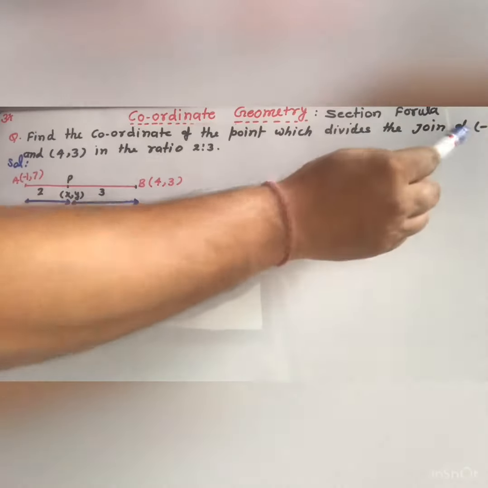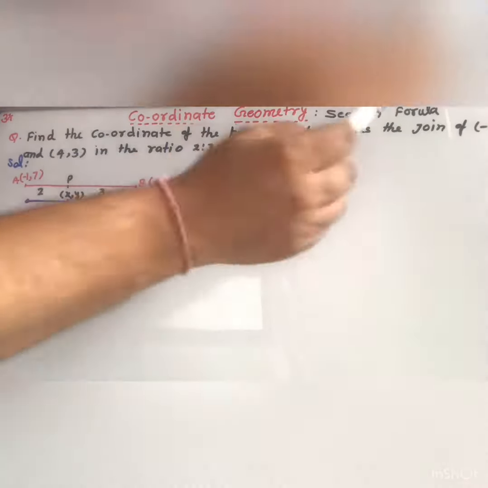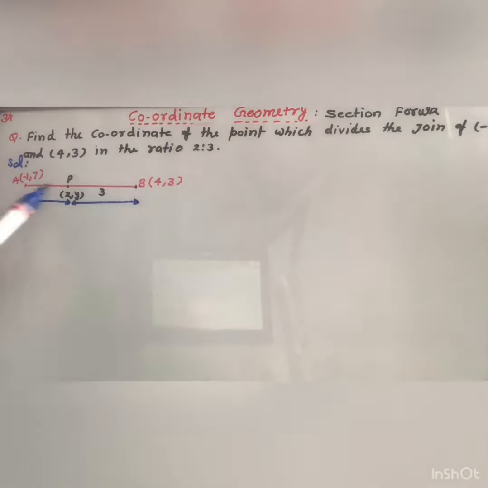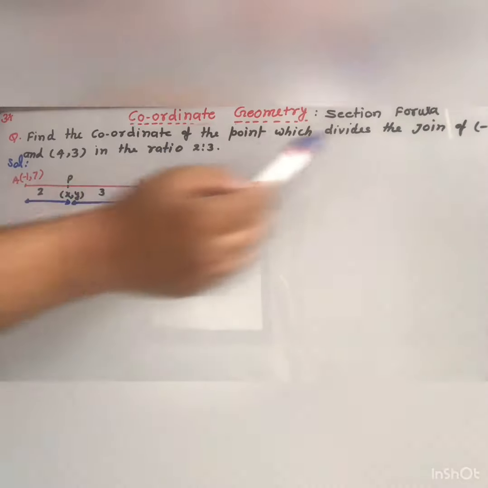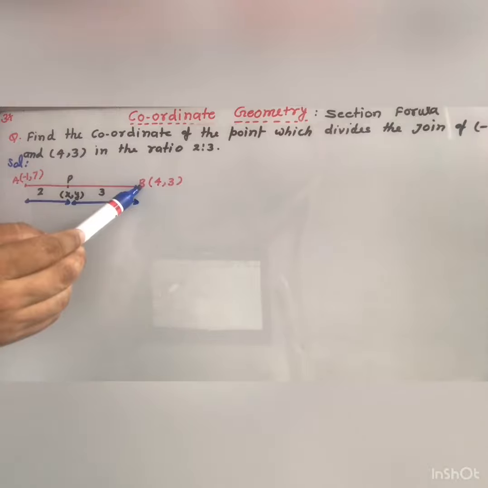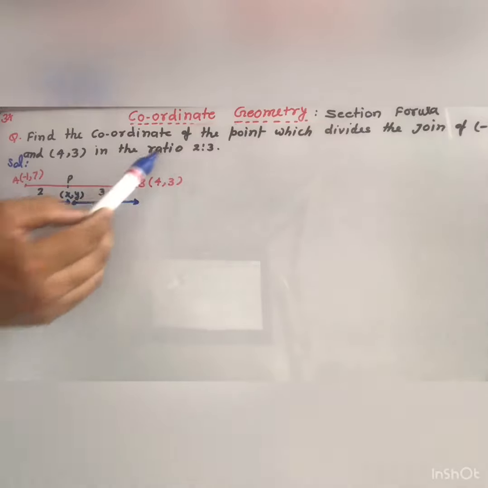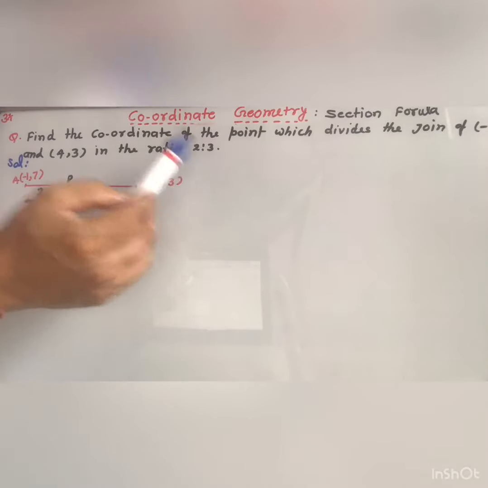Here 2 points are given, and by joining these points we will get a line segment AB. Let this be point A, whose given coordinate is -1,7, and the second one is point B, whose given coordinate is 4,3. These 2 points divide this line segment into parts in the ratio 2:3.